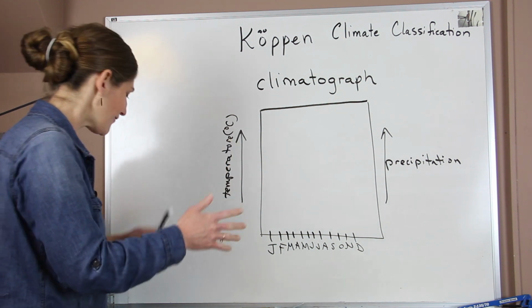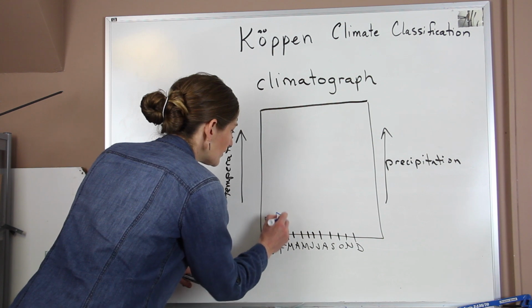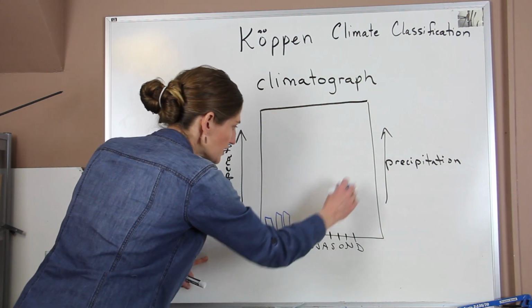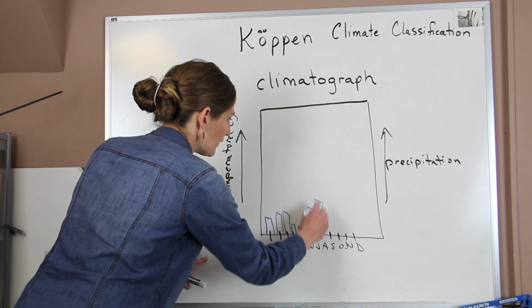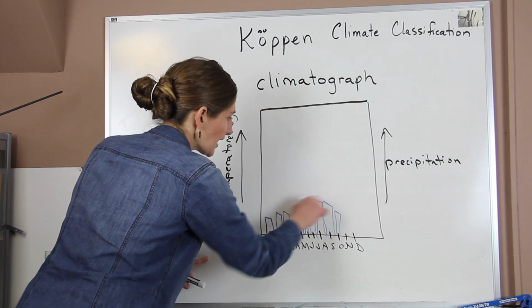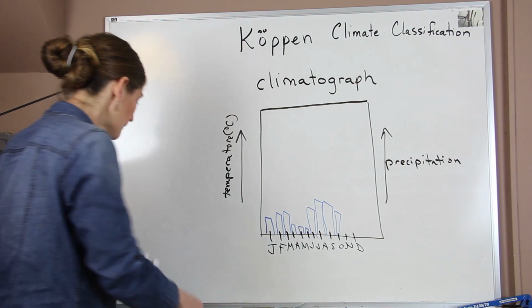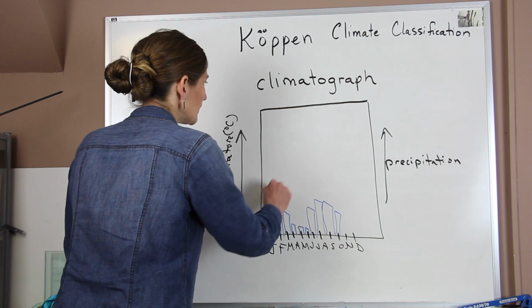There will be some sort of bar graph to show how precipitation changes over the year, and you might see some periods where it's high, then low, and then high. So we can look for that variation in precipitation during the year. And then temperature will be plotted on here as well.